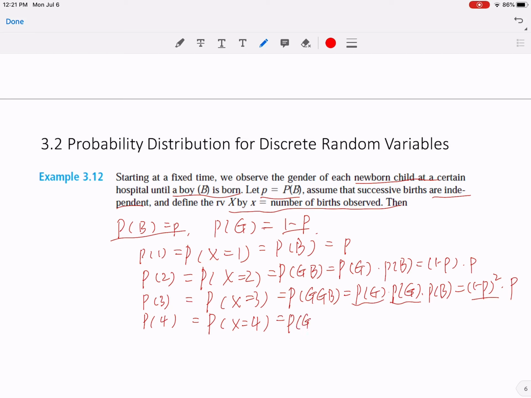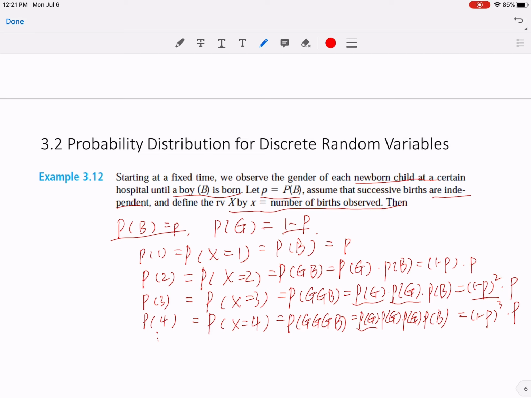So that means the probability of G, G, G, and B. That would be the probability of G times the probability of G times the probability of G times the probability of B. We got 3 girls, so that would be equal to 1 minus p cubed times p, because the probability of a girl is 1 minus p, and we multiply 1 minus p 3 times. And then, actually, we can just keep going until infinity. Okay?